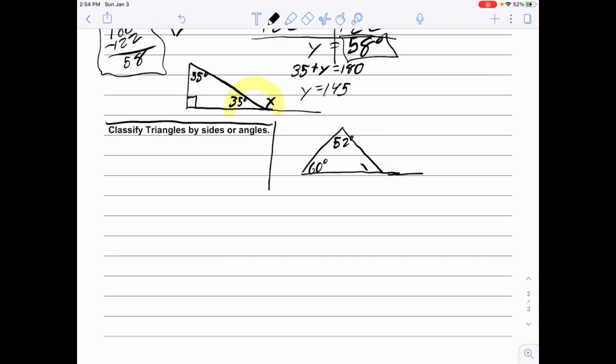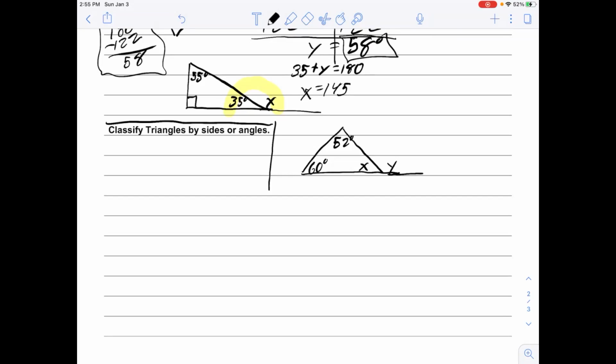And then I said this is x, and this is y. To solve this problem, I have two variables. I need to find x and I need to find y. I'm going to talk you through how to do it, and then this is what you are going to answer in your check for Schoology in order to move on and do the next assignment.